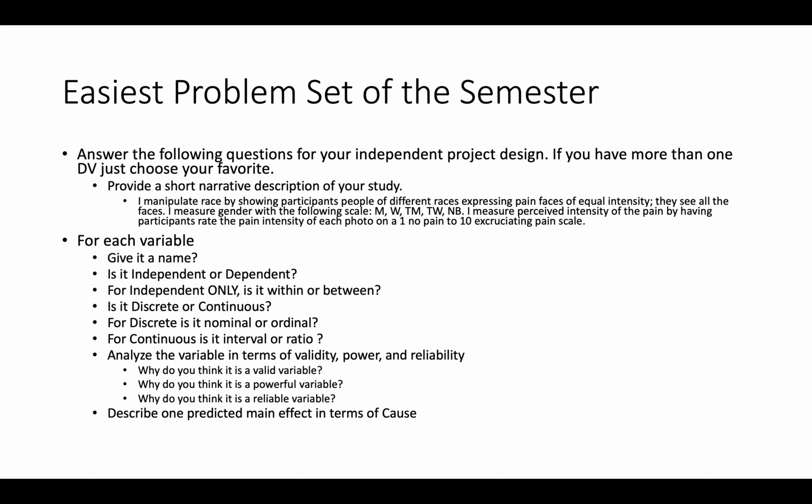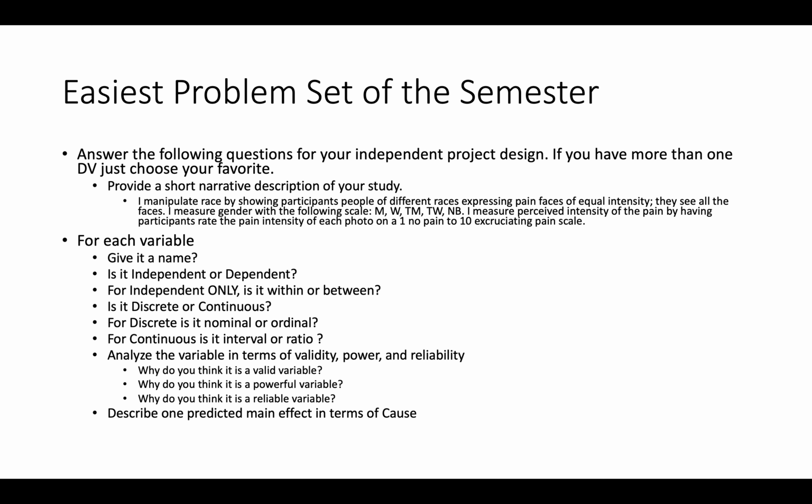Take your study, tell me your two independent variables and one of your measures. And then for each of those, you're going to give it a name. You're going to do all those steps. You're going to critique it in terms of validity, power, and reliability. And describe one main effect in terms of cause. Like here, I'd say gender is related to changes in perceived pain intensity, right?